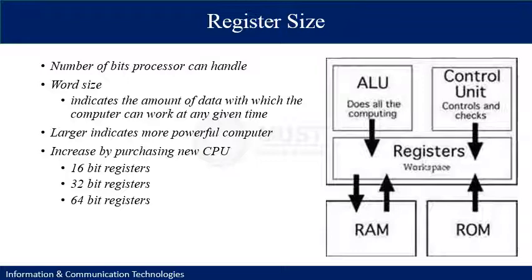As you can see in the diagram, the CPU is divided into two parts, the ALU and the control unit, and it has another part for storage, which is the registers. All of the information travels from the ALU and CU to registers and then into the memory.